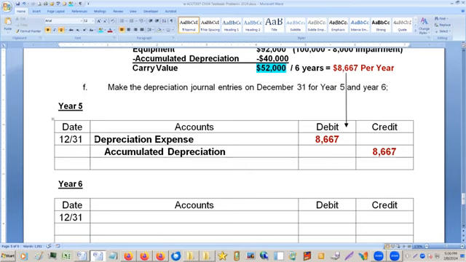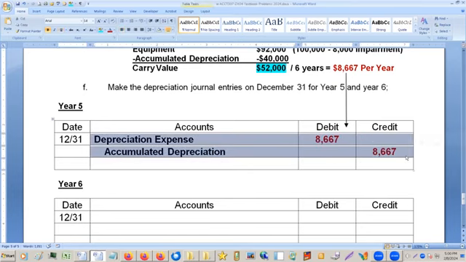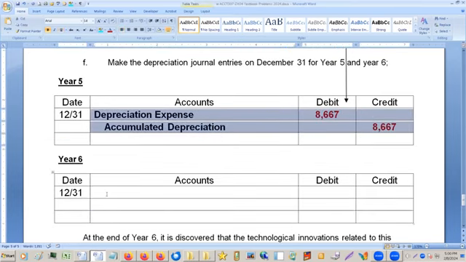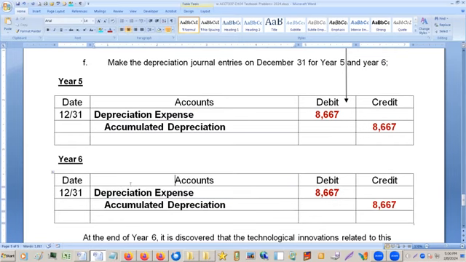And it's straight line, so this will be exactly the same thing down here. So these are the new depreciation.